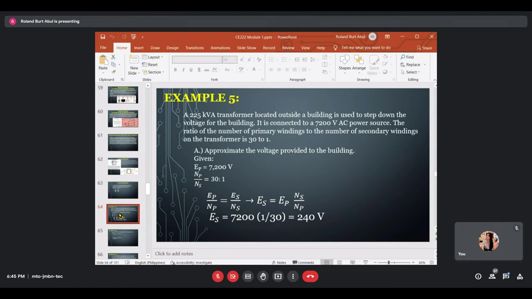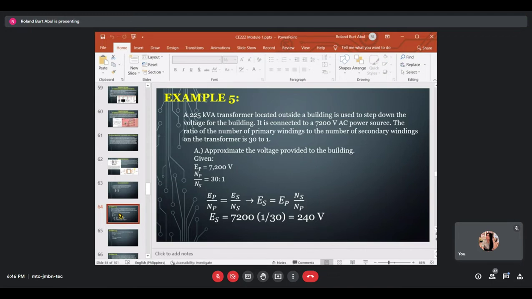So example 5, a 225 kVA transformer located outside a building is used to step down the voltage for the building. It is connected to a 7,200 volt AC power source. The ratio of the number of primary windings to the number of secondary windings on the transformer is 30 to 1. So first, approximate the voltage provided to the building.